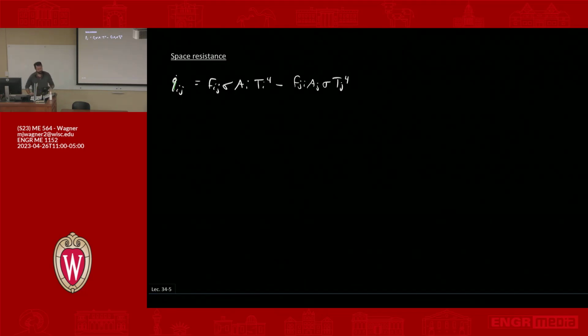So we can rewrite this in terms of the emissive powers by saying that Q dot I to J is equal to the area of I times F_ij times the emissive power E_BI minus E_BJ.